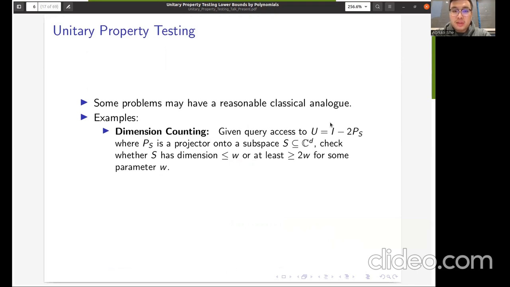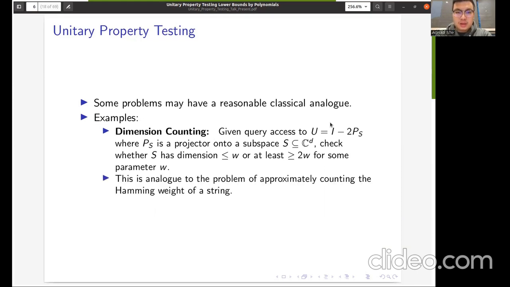And one wants to check if this subspace has dimension less than or equal to W, or dimension at least 2W, for some parameter W. This can be argued to be analogous to the problem of approximately counting the Hamming weight of a string, which has been studied in the quantum query complexity literature. And indeed, we are able to leverage these lower bounds in order to prove a lower bound on the dimension counting problem.